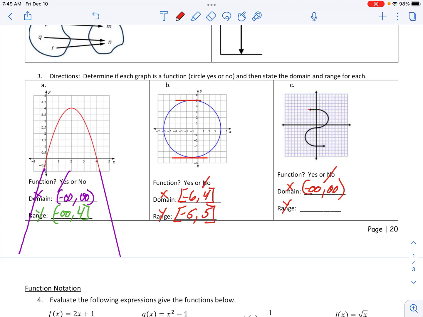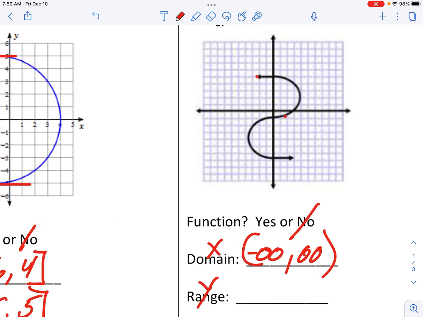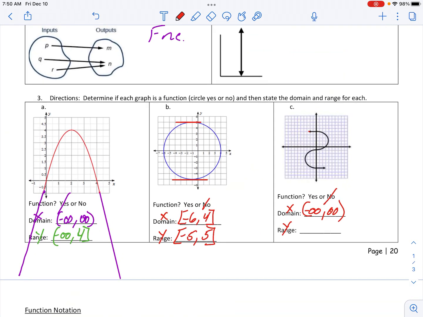Now vertically on the range, bottoms up, what I can see is it is stopping right there at that y value. I don't need to go way down there to negative infinity. So what value is that? 1, 2, 3, 4, 5, 6, 7. Let's get a y value of negative 7.